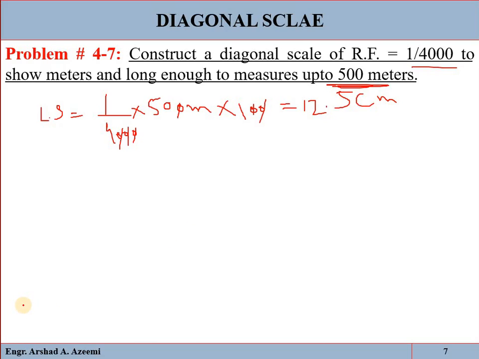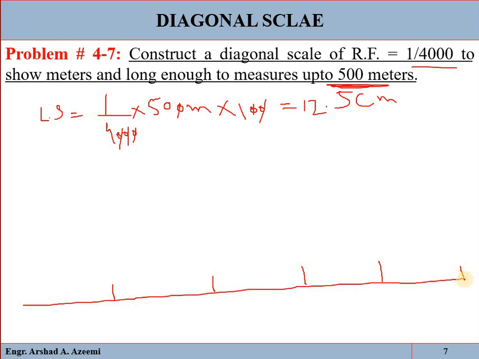Okay, now just draw a line of 12.5 centimeter, and divide it into 5 equal parts, 1, 2, 3, 4 and 5. See, here we have 500 meter.